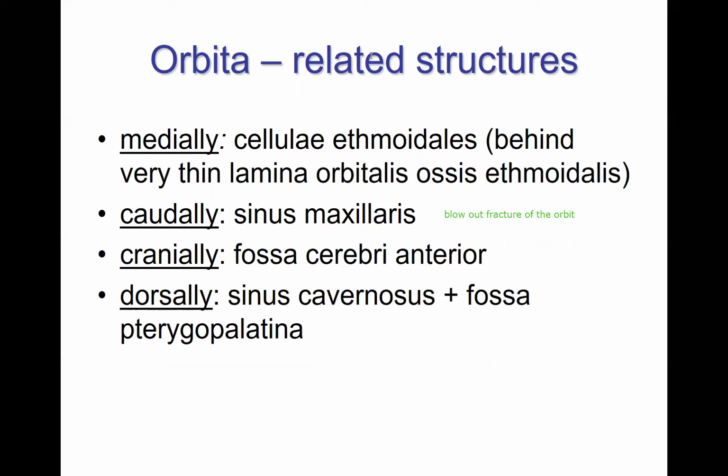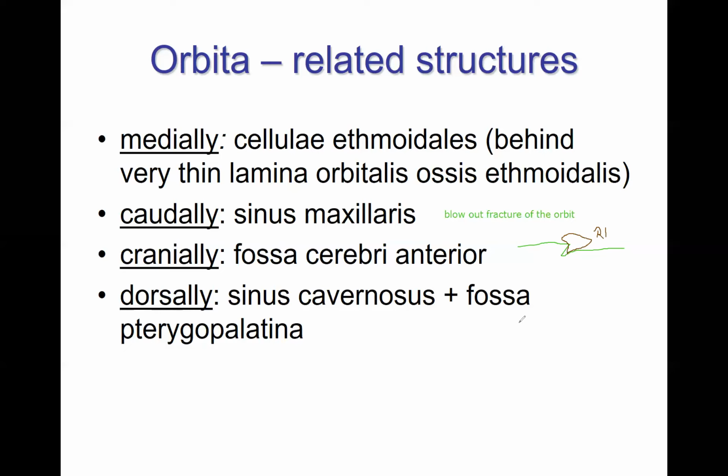The inferior wall can be ruptured like this, and it can entrap a muscle which is lying on the inferior wall, the rectus inferior muscle. And if it's entrapped, then all the movements of the eyeball are not possible. So you have to repair it surgically. So this is the inferior wall, and below is the maxillary sinus.